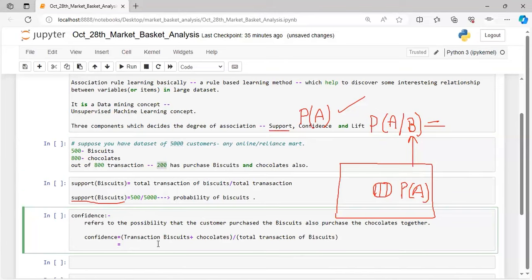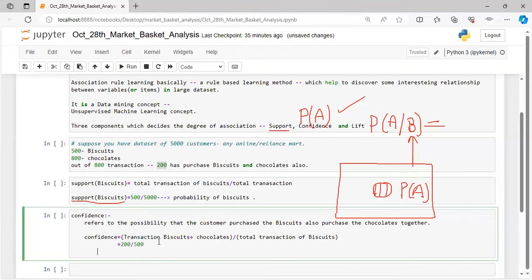So 200 divided by total transactions of biscuits, which is 500. So that means it is approximately 40%.